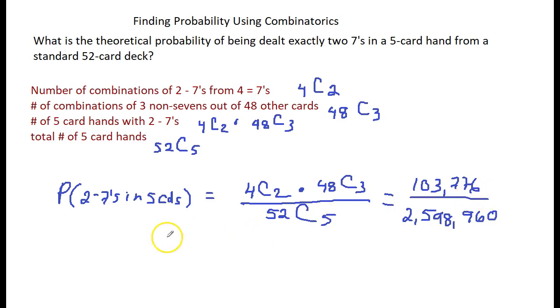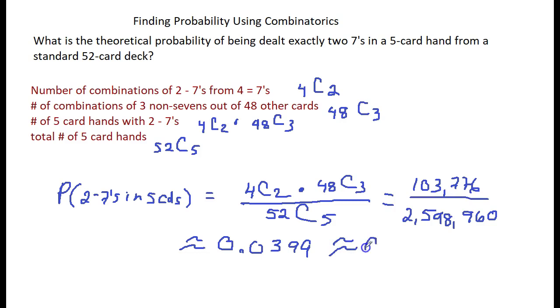Now, if I take this and divide it, because we don't want to leave it like that, we get this as a decimal: 0.0399.